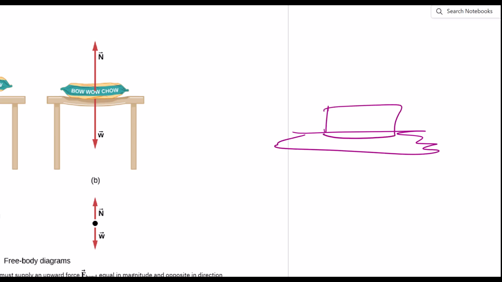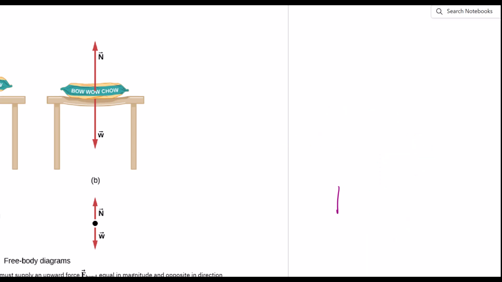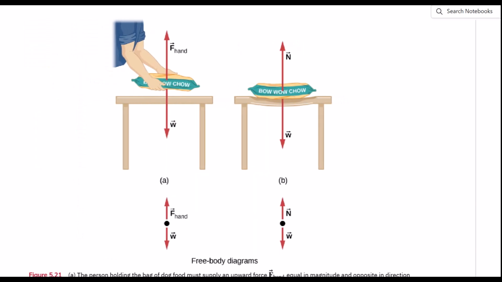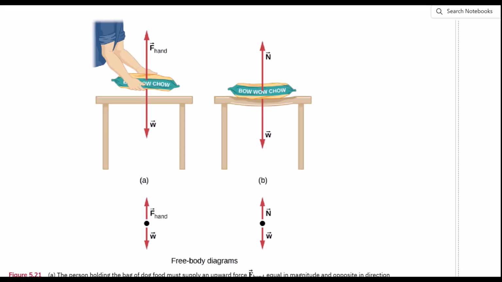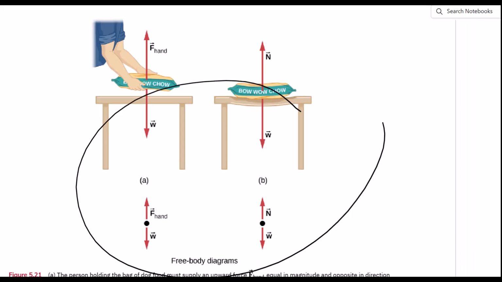If I'm just sitting there doing nothing and I draw a free body diagram of the bag of dog food, there is a weight of the dog food and then the normal force from my hand onto the dog food. That's a terrible example. It's the same thing as if it's sitting on the table. The dog food doesn't care if it's sitting on my hand or on the table. The free body diagrams look the same.